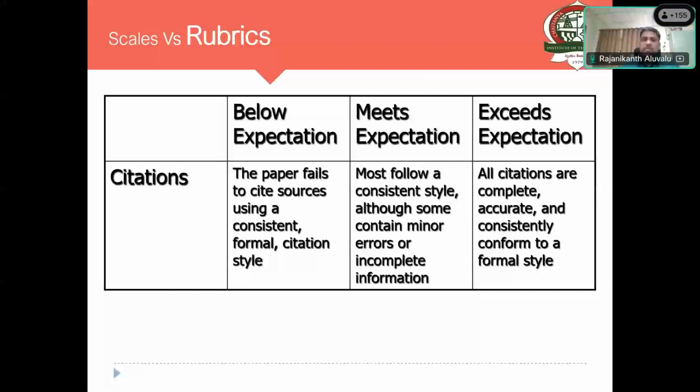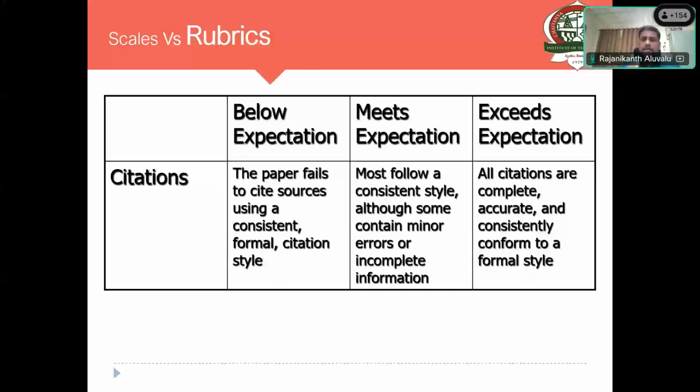When I'm talking about below expectation, every one of us will have our own definitions. Say I'm a man who never gets satisfied, and for me, exceeds expectation might become below expectation. There is a person who is very casual, and for him, below expectation can become exceeds expectation also.